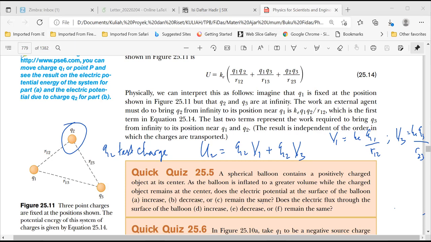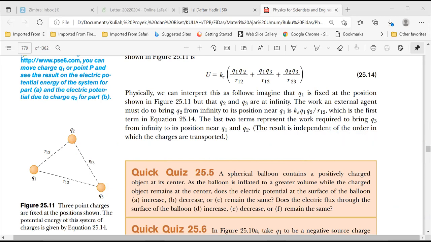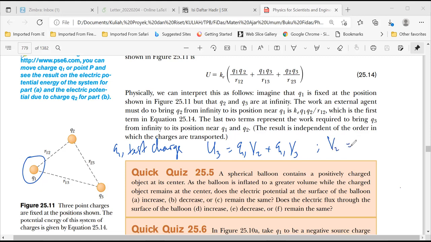So the third case, Q1 as a test charge. So let's say U3 is equal to Q1 V2 plus Q1 V3, where in this case V2 here is k Q2 over r12, while V3 is k Q3 over r13.